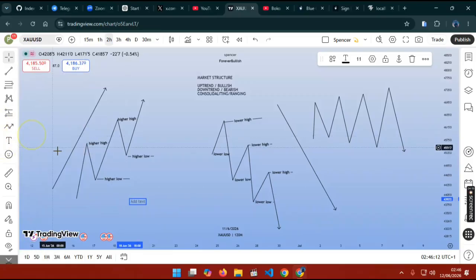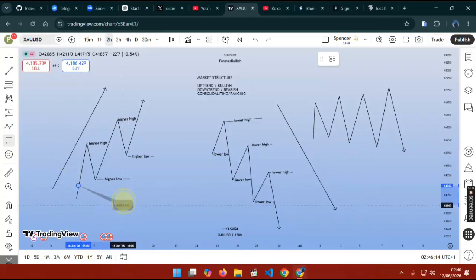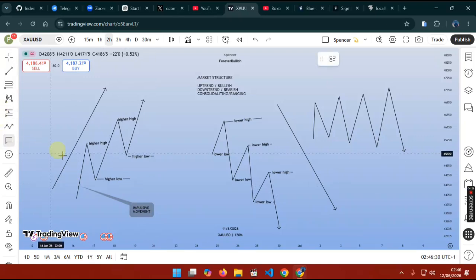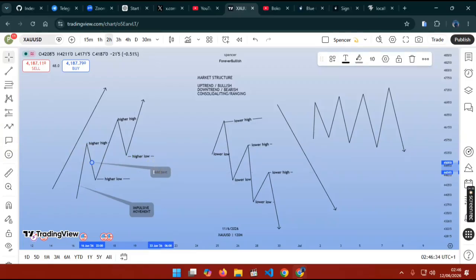We have this to be impulsive movement, and we have this to be our correctional or pullback. Correction, and this to be our correction or pullback.